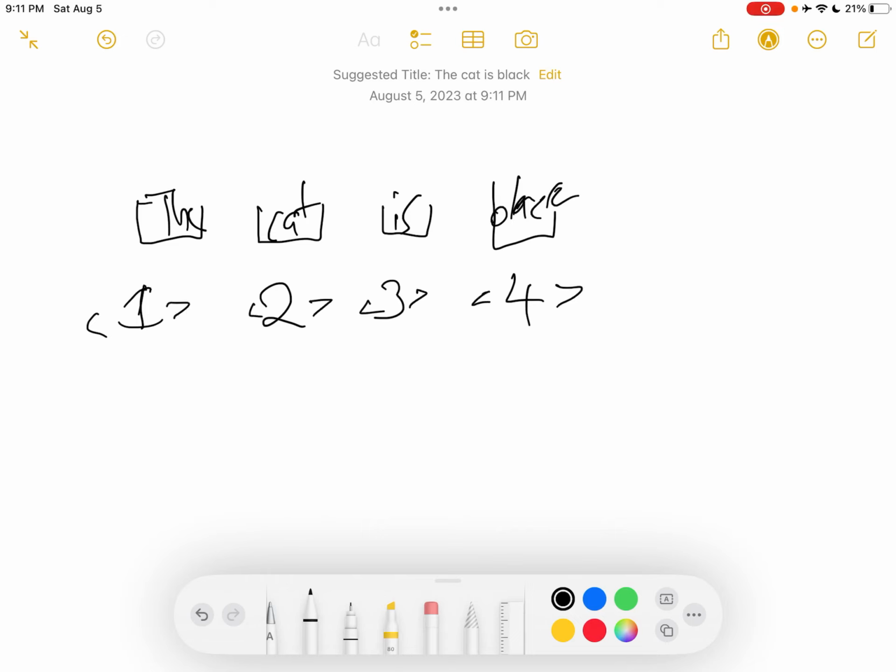Before we feed all of this into the transformer, we would add the representation of the to the representation of 1, the representation of cat to the representation of 2, and so on. So now we're telling the transformer, hey, I have the word the at position 1 and the word cat at position 2 and is at position 3 and so on. Then we feed this all into a transformer.